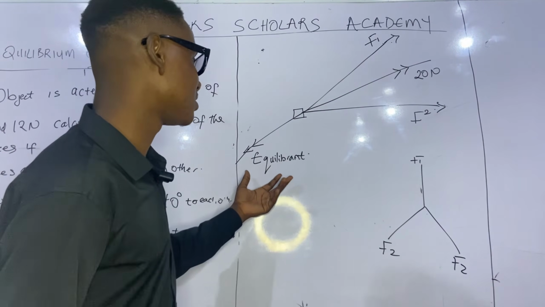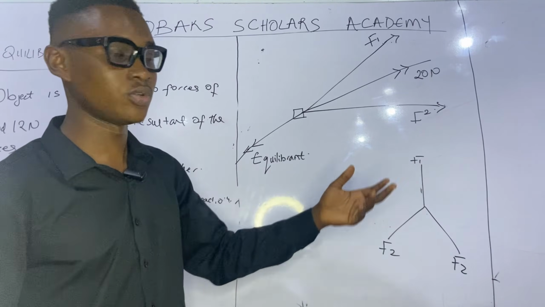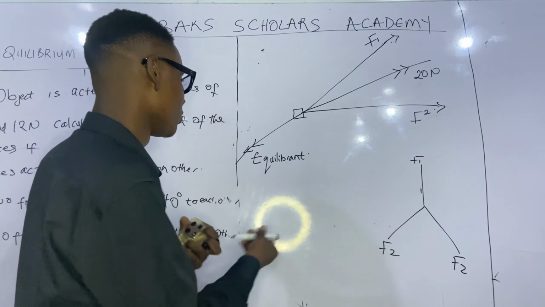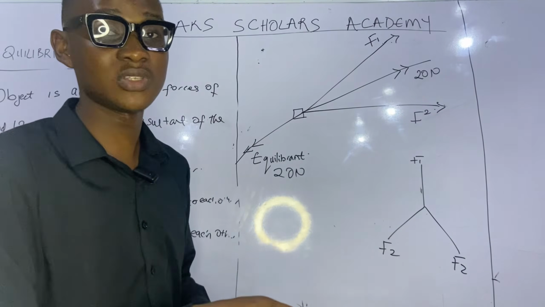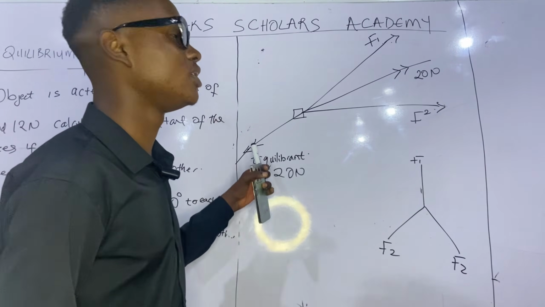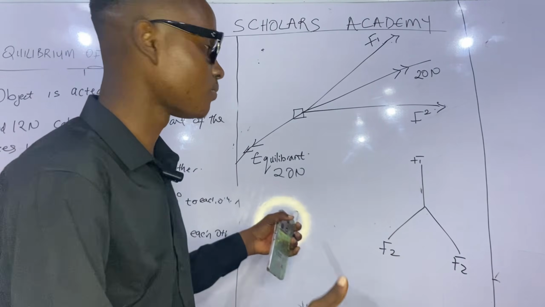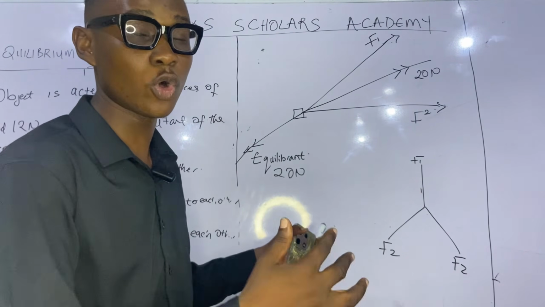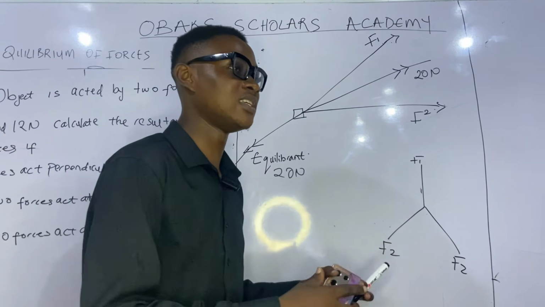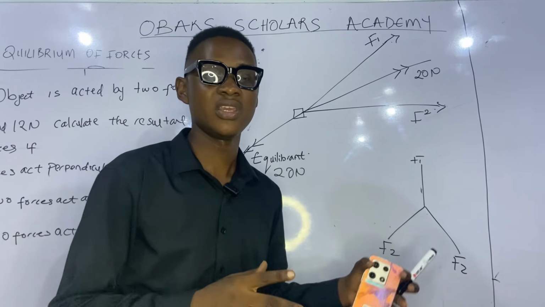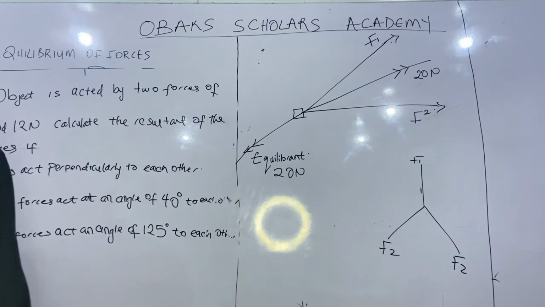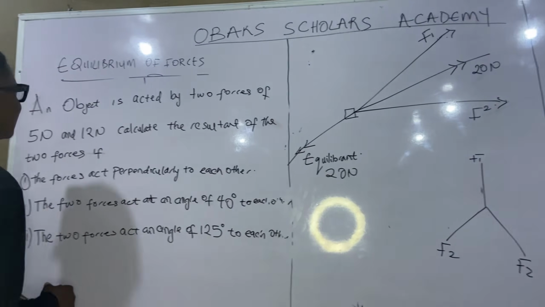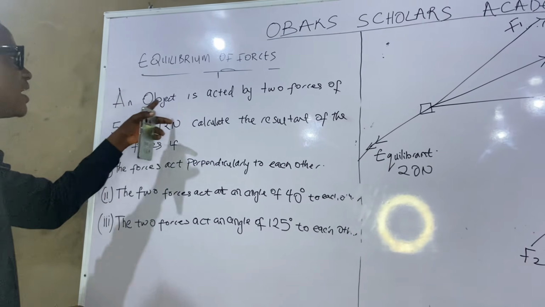So the equilibrant is equal in magnitude but opposite in direction to the resultant. So if the resultant force is 20 Newton, the equilibrant force will also be 20 Newton, but they are moving in opposite directions.